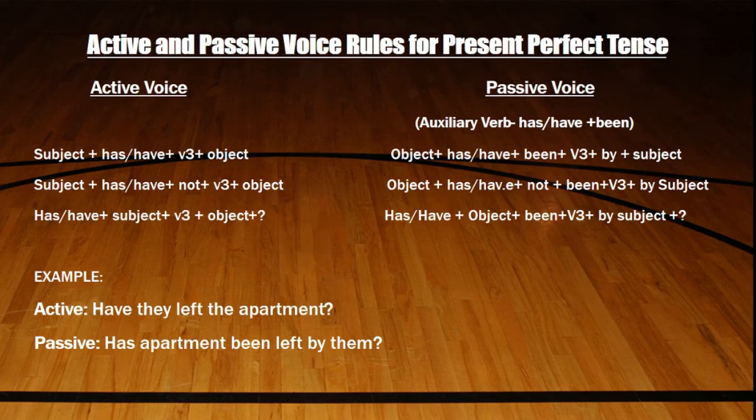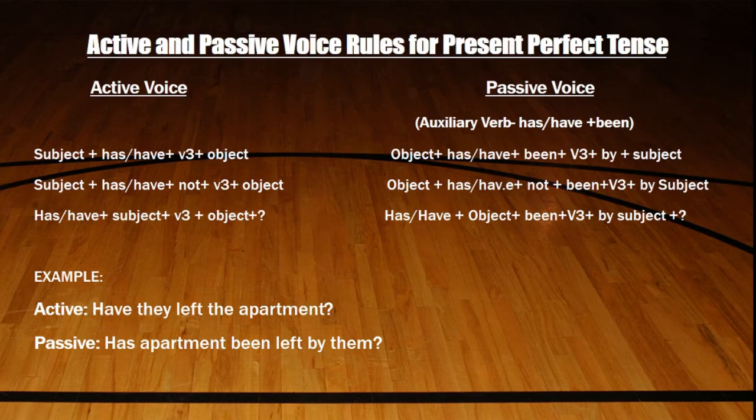And here you have object plus has, have plus being along with the third form of the verb, followed by the subject. Now if you're looking at the active voice, it's like subject plus have or has not, this is in the case of the negative, plus the third form of the verb and the object.